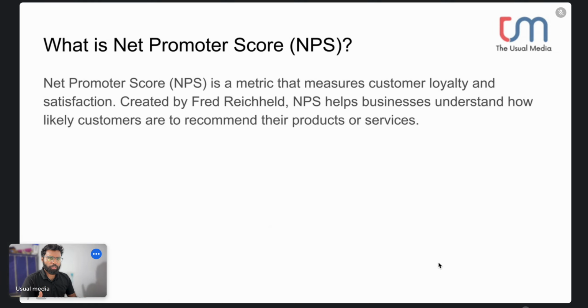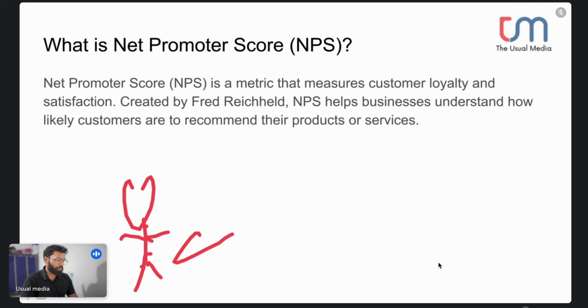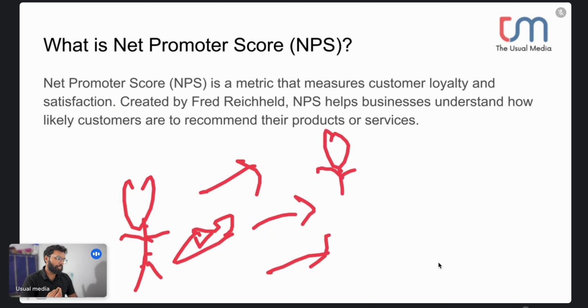Let's say you bought a shoe, right? This is you. Pardon my drawing. Let's say you bought a shoe. So, for example, you bought a Nike shoe. So, how likely you are going to recommend this shoe to your peer circle, right?